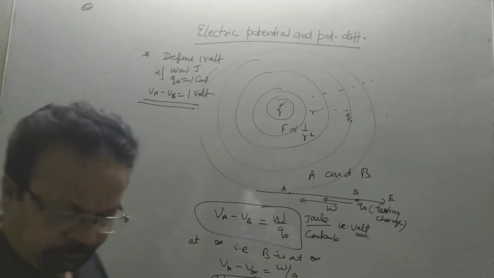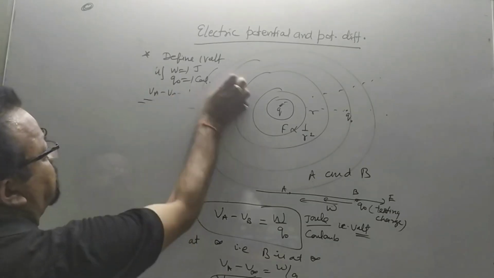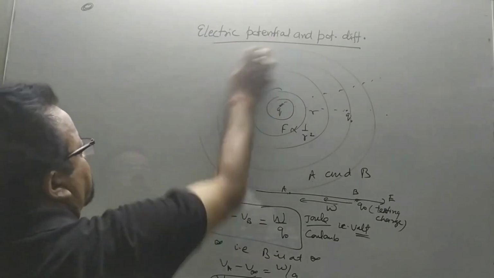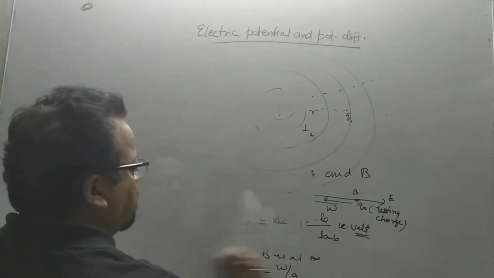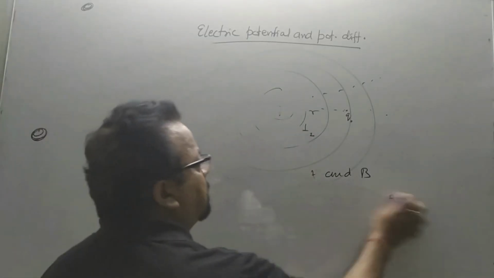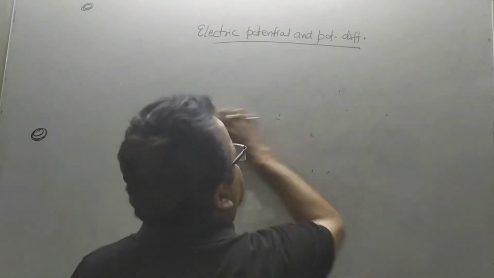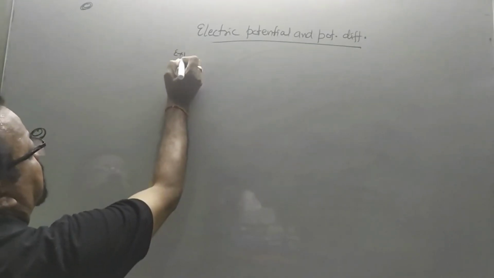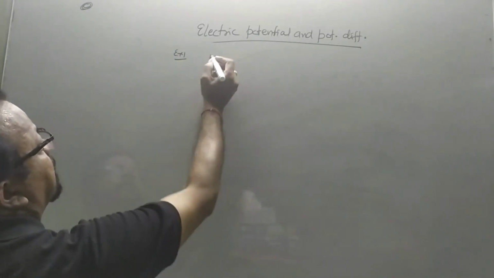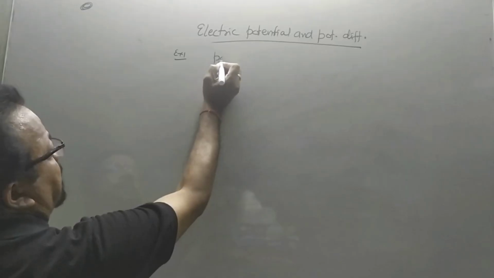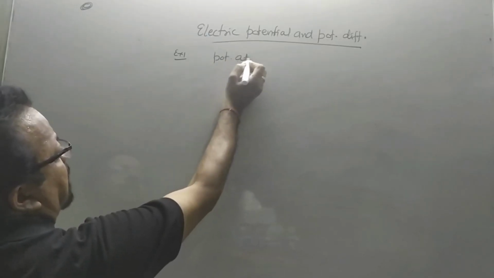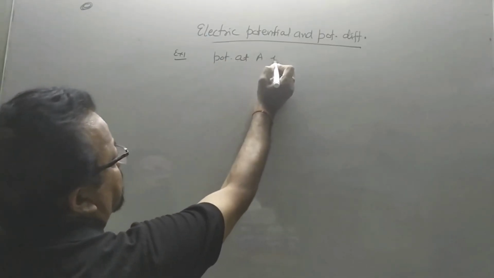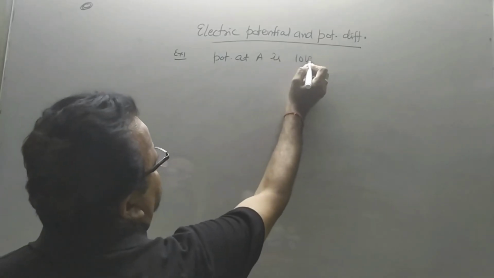Now, some important questions related to potential difference. Example 1. Potential at A is 10 volt.